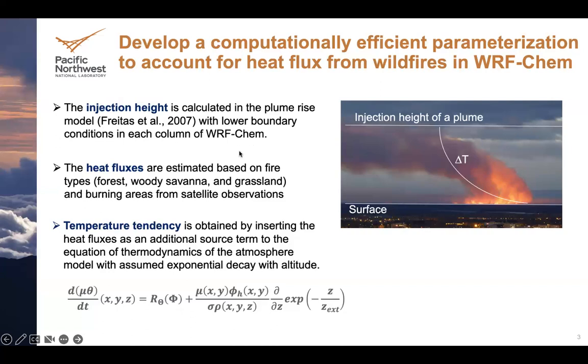Once we determine this injection height, we also estimate the heat flux based on the different fire types. Basically, we include the tropical forest, the extratropical forest, the wooded savanna, and the grassland, these four types. And we get the burning area from satellite observation. Combining these two pieces of information, we estimate the heat flux.